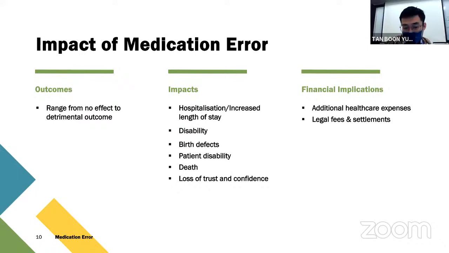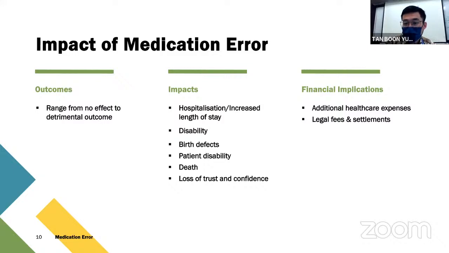Okay, and then disability, birth defects, especially when we use contraindicated medication in pregnant women. Okay, patient disability, it's a redundant thing. Sorry. And then death, and also a loss of trust and confidence in our healthcare system, which means the patients will not trust doctors, nurses, pharmacists, or any of the healthcare professionals.